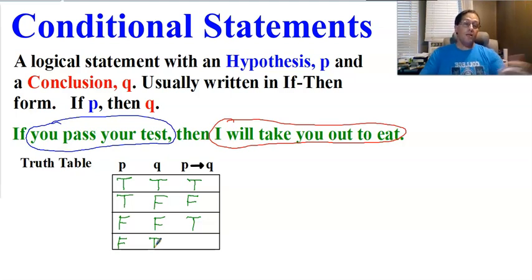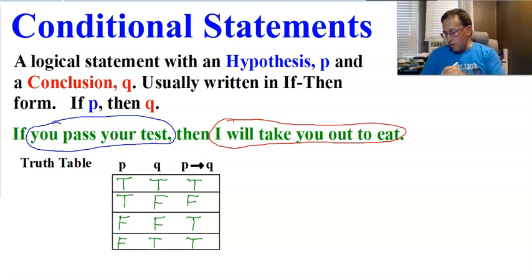I just said that if you passed, I'd take you out to eat. Maybe I just would have taken you somewhere better if you had passed. You failed, and I felt like being generous, and so we went out to eat anyways. But I would have gone somewhere better if you had passed, so still, I'm telling the truth, right? Because I didn't say I wouldn't take you out to eat if you failed. I just said I would take you out to eat if you passed.